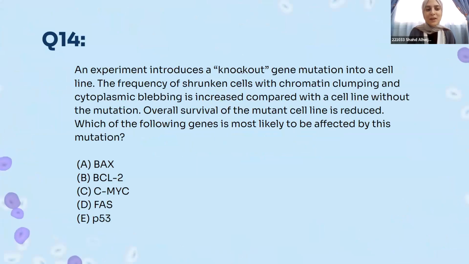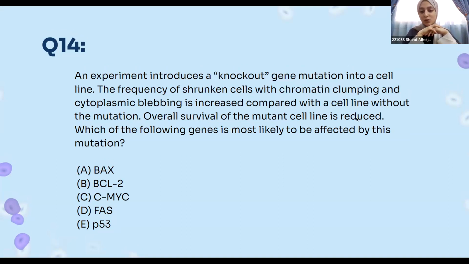An experiment introduces a knockout gene mutation into a cell line. The frequency of shrunken cells with chromatin clumping and cytoplasmic blebbing is increased compared to the cell line without the mutation. Overall survival of the mutant cell line is reduced. Which of the following genes is most likely to be affected by this mutation?